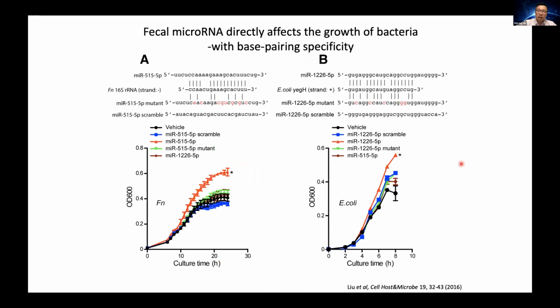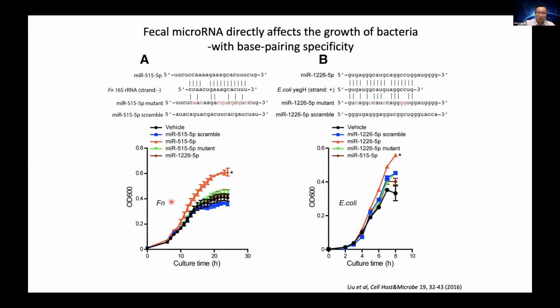So how does this work? We compare the sequence of the microRNA versus the genes of the bacteria. We found some microRNA can pair really well with the bacteria gene, and then we synthesize the microRNA and culture with the bacteria, and we find that this microRNA can change the growth of the bacteria.